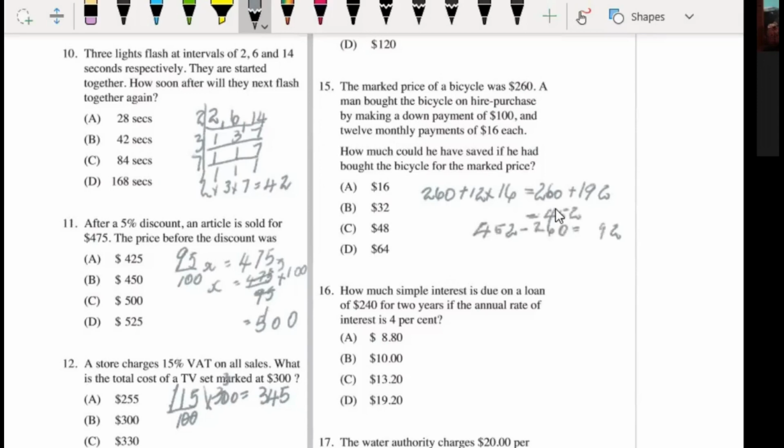Yeah, there's something wrong here. So it's not 260 here. It's 100.